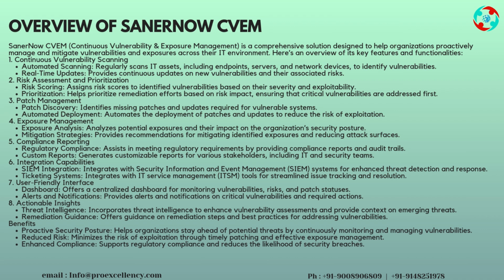Risk Assessment and Prioritization. Risk Scoring assigns risk scores to identified vulnerabilities based on their severity and exploitability. Prioritization helps prioritize remediation efforts based on risk impact, ensuring that critical vulnerabilities are addressed first.